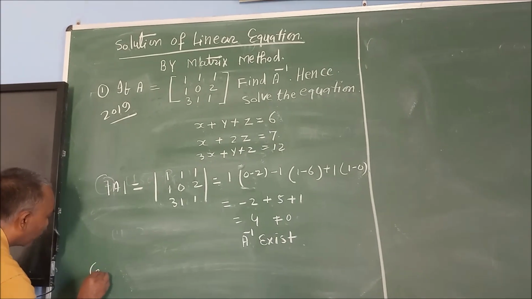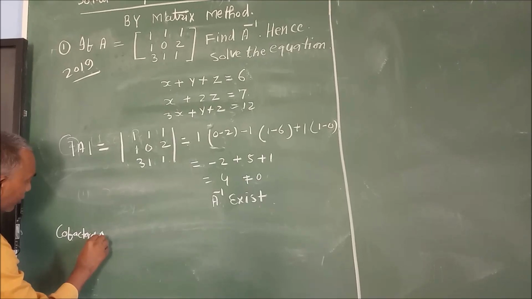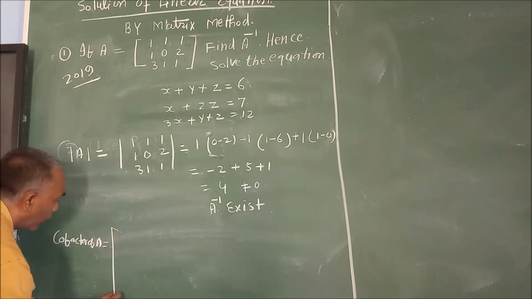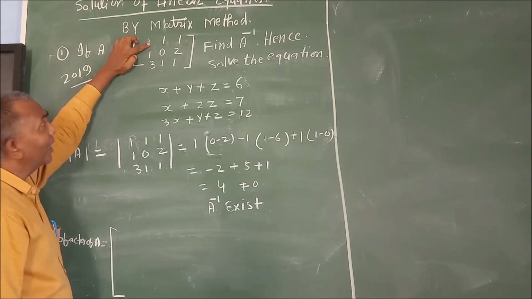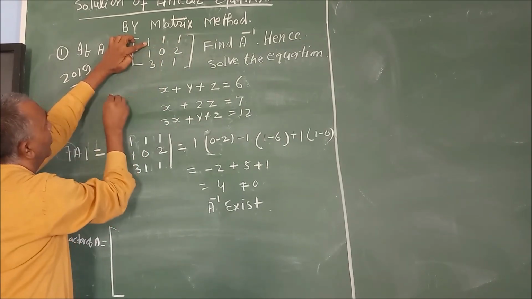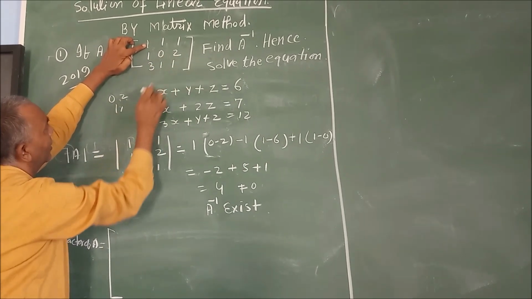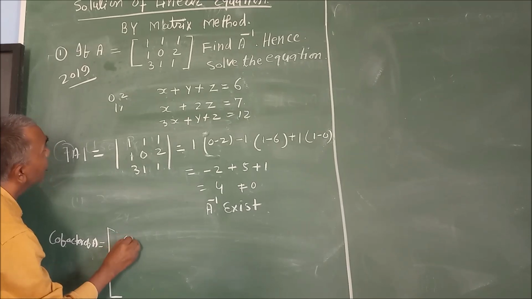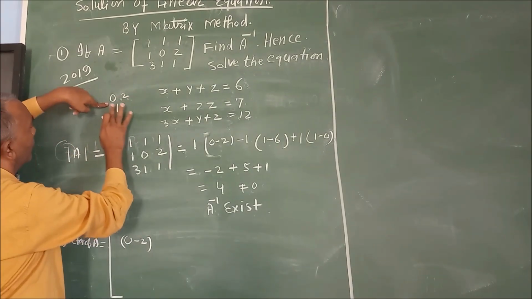So the cofactor of A is equal to, see here how we calculate the cofactor of A. For the cofactor of the first element 1, we cancel its row and column, and we get 0, 2, 1, 1. So this is equal to 0 minus 2.